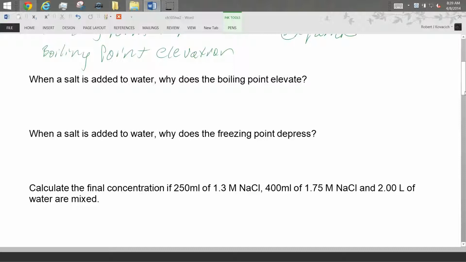The first thing we should be thinking about with this is, what does boiling actually mean? That molecules will be breaking intermolecular forces, right?